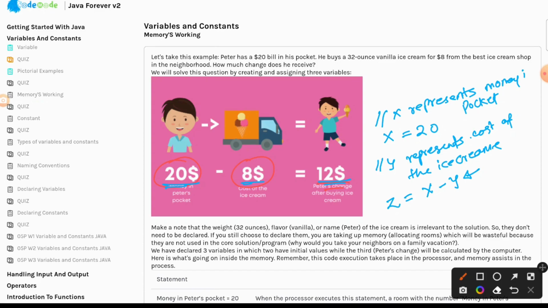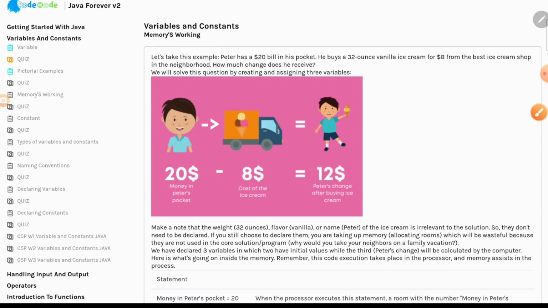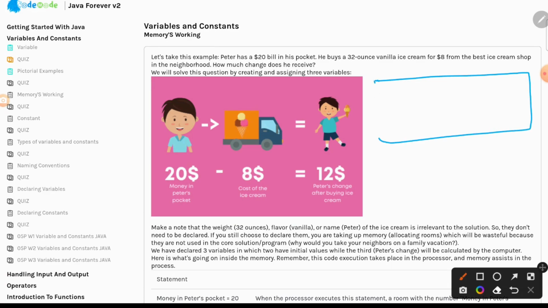What really happens behind the scenes is, if you remember my example of a hotel management, let's say this is a hotel, in which you say X equal to 20, Y equal to 8, and Z equal to X minus Y. Let's see what really happens.